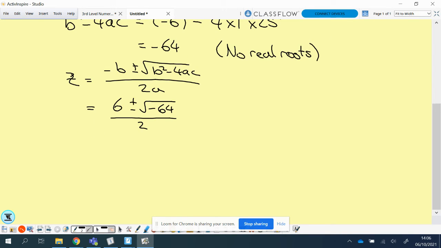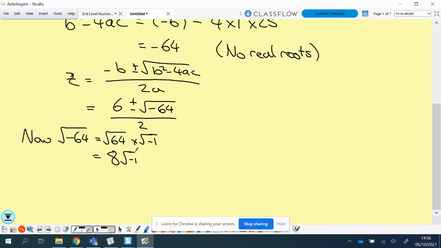So let's do something here. Let's think of the negative 64 as 64 times negative 1, since we can split surds up. The square root of 64 is 8, so that would be 8 times the square root of negative 1.